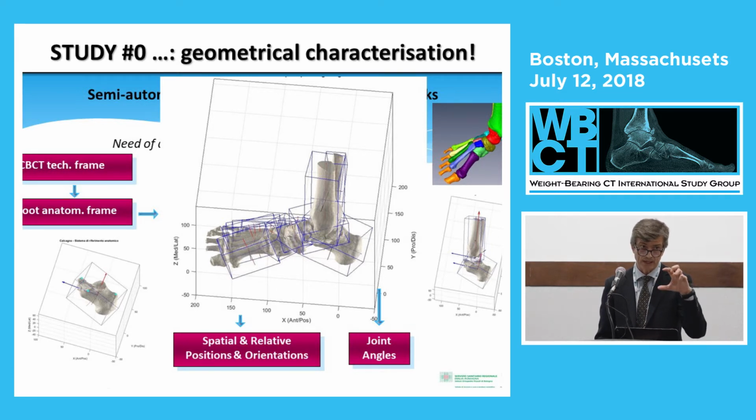Doing that for at least a couple of segments, we can calculate joint angles in terms of relevant orientation. If you do that for the entire foot, and this is actually taken from our first exercise terminated a few days ago, you can have an automatic identification of the entire foot, and that would be very important to analyze a large number of feet in an objective way without the intervention of the single operator.